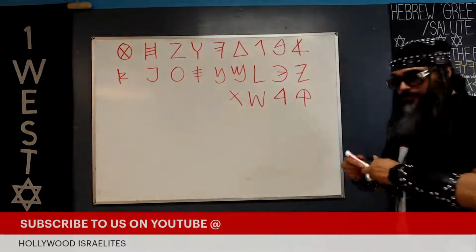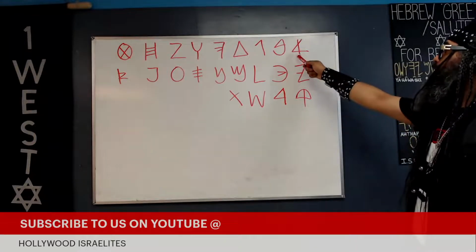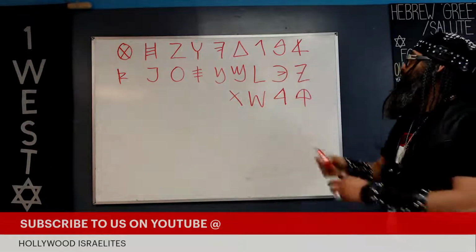So these are the original Hebrew characters. You have A, Ba, Ga. Let me write it down here.